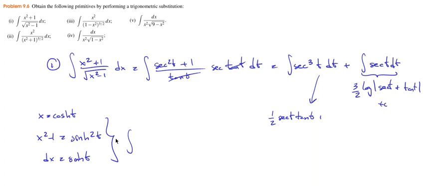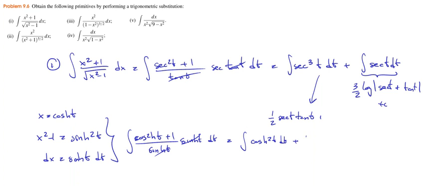So then you have hyperbolic cosine squared plus 1 divided by the hyperbolic sine times the hyperbolic sine dt. So this is just this, and then you have the primitive of the hyperbolic cosine squared plus 1, dt, right?